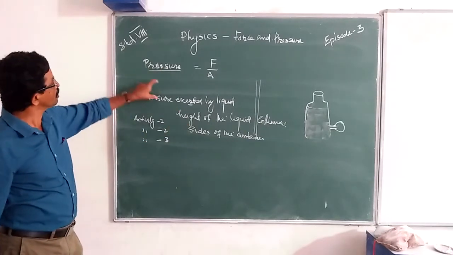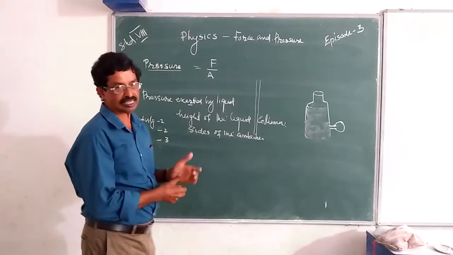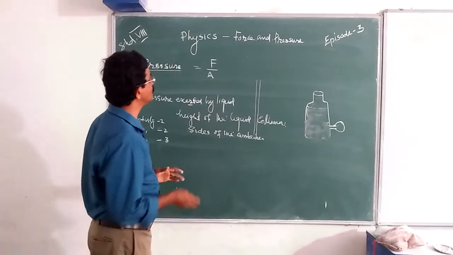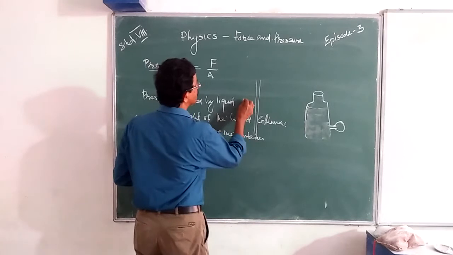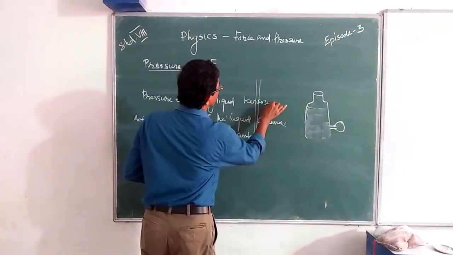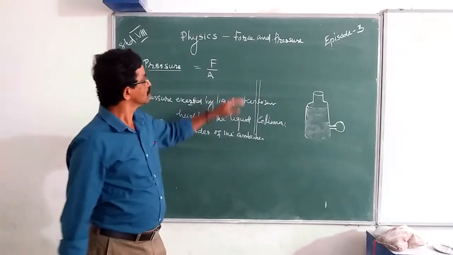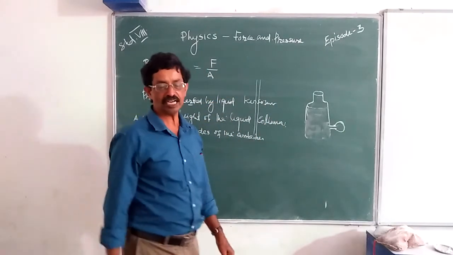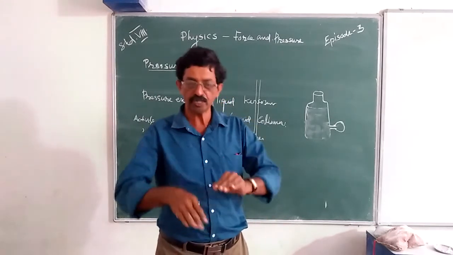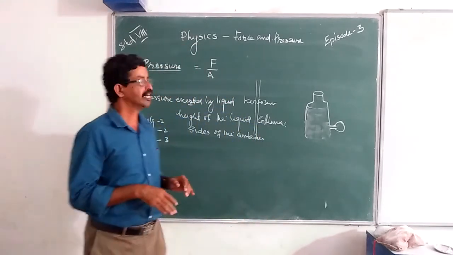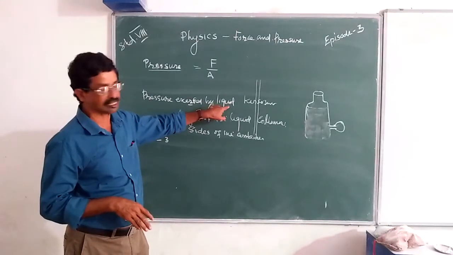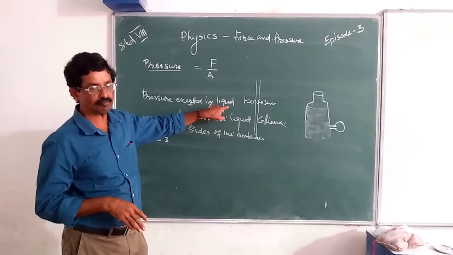Now see, if instead of water we choose some other liquids such as kerosene or turpentine, any other liquids, all can exert pressure, but the amount of pressure exerted by the liquid also depends on the height of the liquid column.